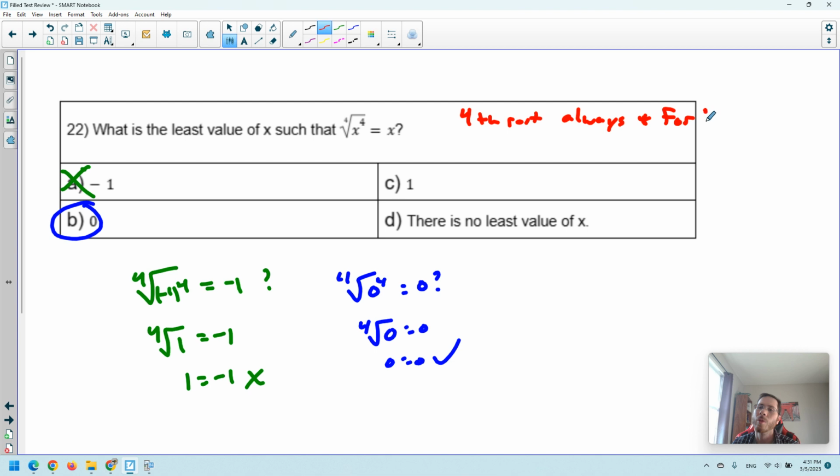We'll just say for numbers that we know right now. And that's going to give us, all right, not positive, always non-negative. Almost made it. Always non-negative. All right, there we go.